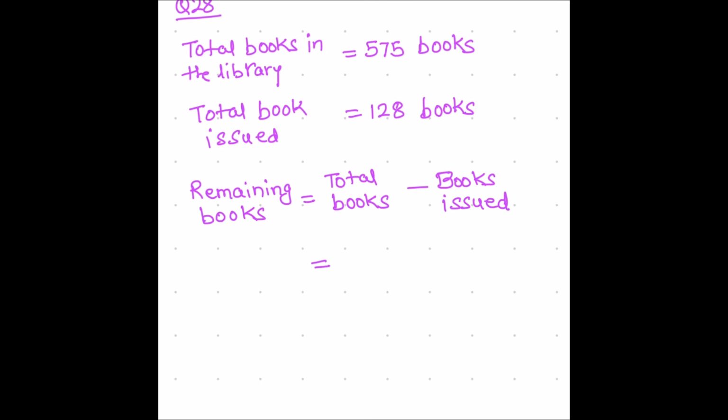So total books were 575 and books issued were 128. So let's subtract the two numbers, 575 minus 128.